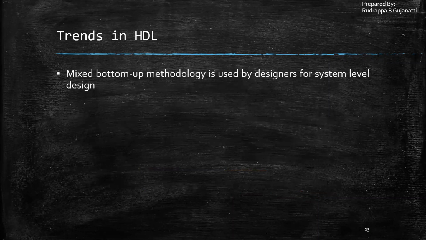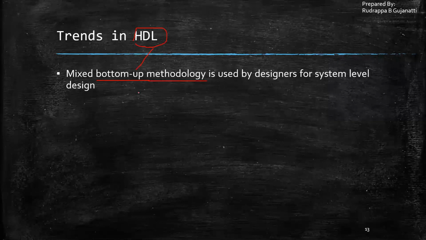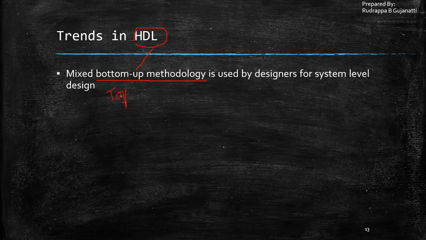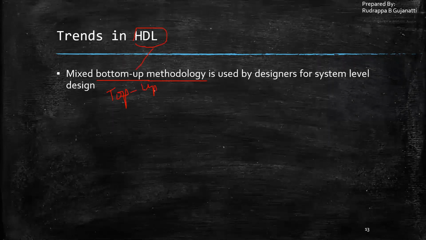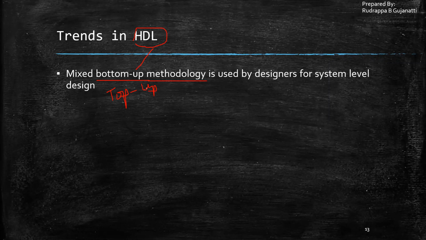Now apart from this, in HDL we can have two approaches mixed together. We will look at this in the next slide. We have two kinds of methodologies, the top down approach and the bottom up approach.